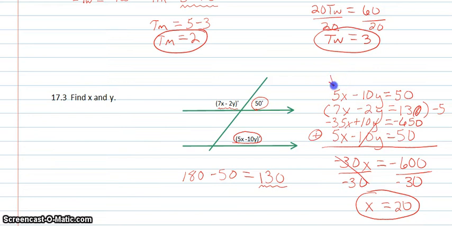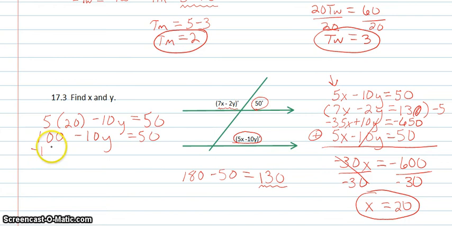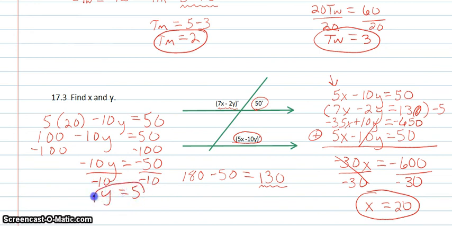So I'll just go ahead and use this top equation. So I'll have 5 times 20 minus 10y equals 50. So I'll have 100 minus 10y equals 50. I'll subtract 100 on both sides to keep our equation balanced. And then divide both sides by the negative 10. So y equals 5. So we've found both the x and the y.